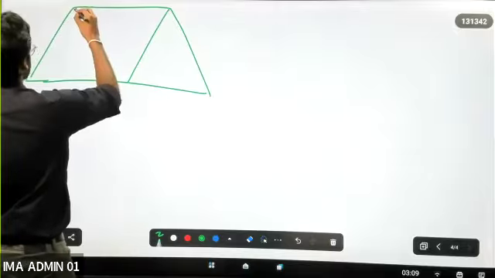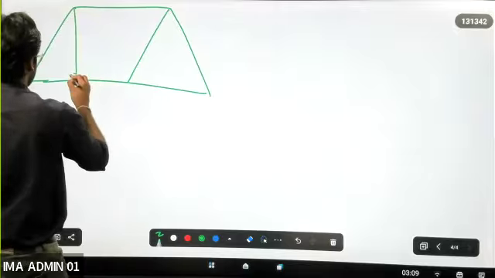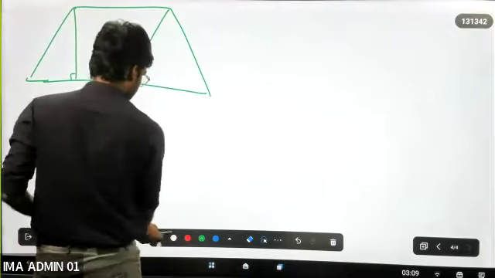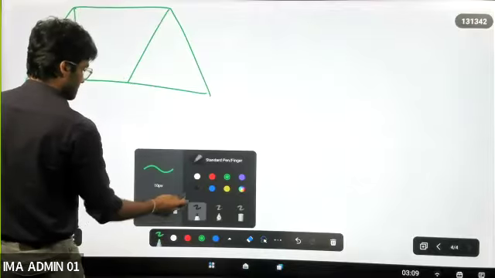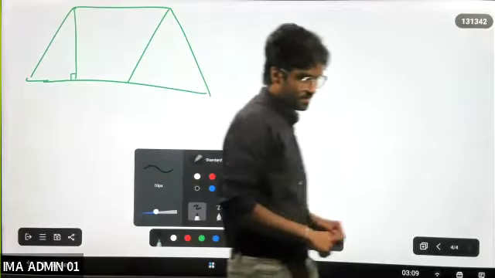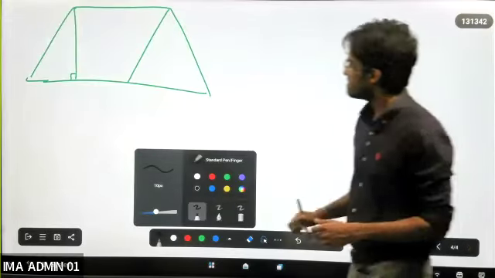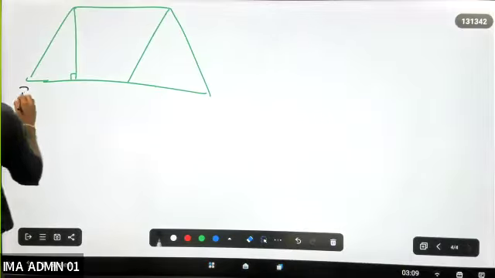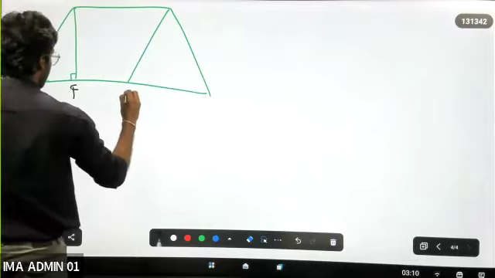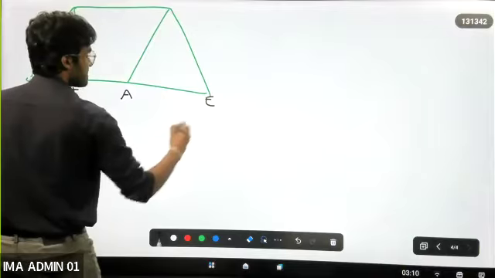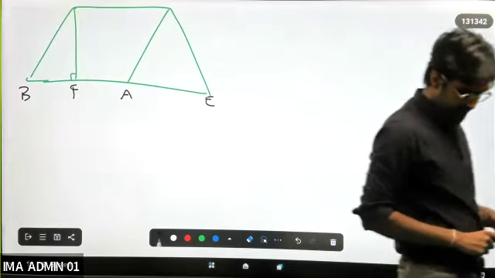And there is another line here. It's like this. BFAE, BFAE, BFAE, and CD.